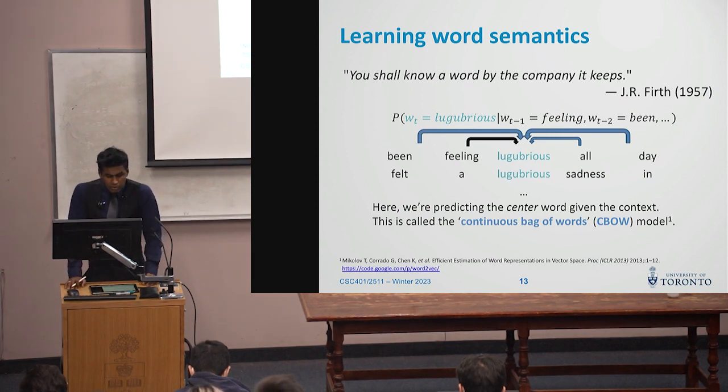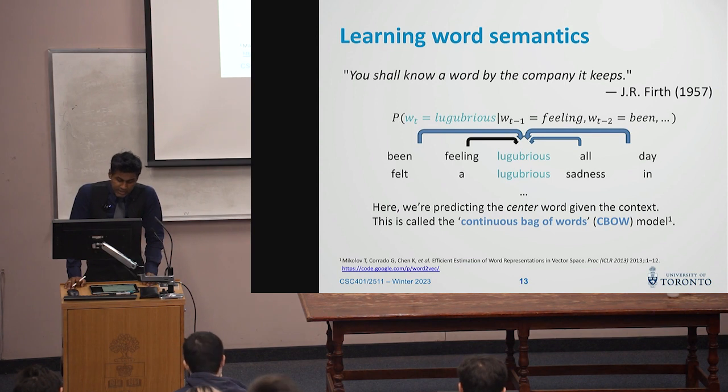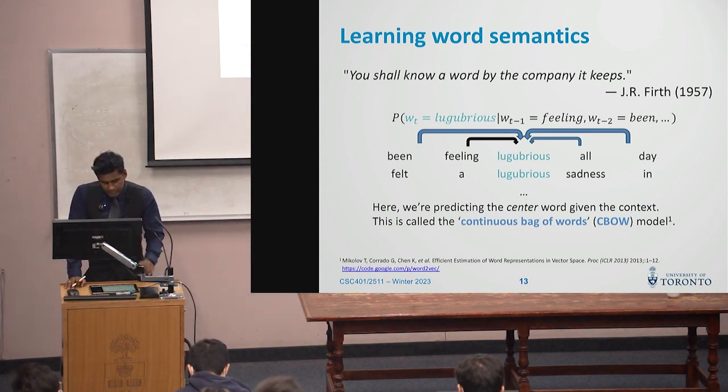You shall know a word by the company it keeps. It's a very famous saying from the researcher J.R. Firth in 1957, and modern word representations are inspired by it. In 2013, Mikolov et al. proposed the word2vec techniques, which include the continuous bag of words and skip-gram models.